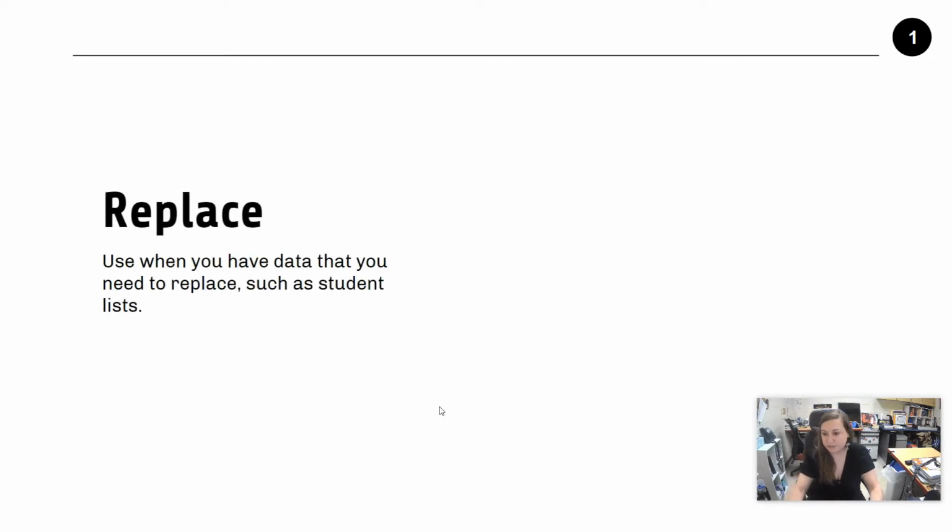Replace is what you're going to do when you have like a list that you want to update regularly, such as student lists. So you don't want to go in there and have to add each student one by one every time you get a new student, or remove students one by one every time a student leaves. Instead, you're just going to replace the whole list. So that would be replace data at selected cell. In those cases, you probably want to wipe out all the data and then replace that selected cell.